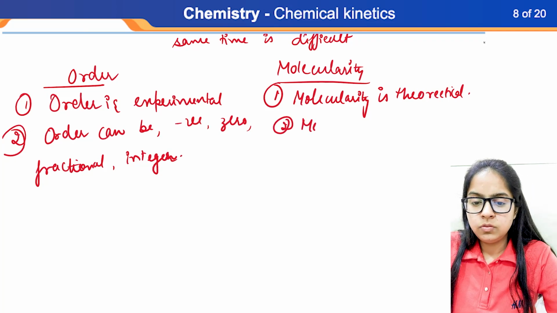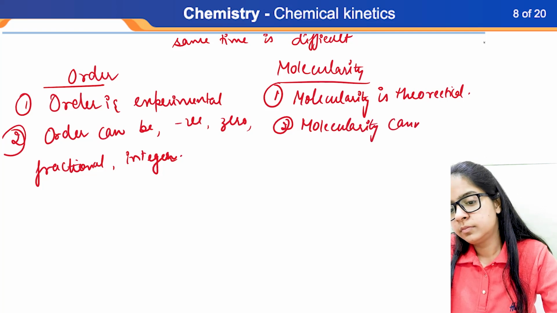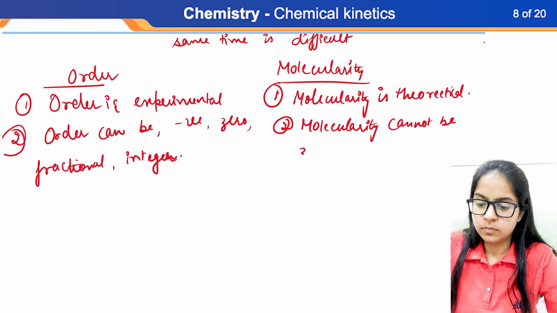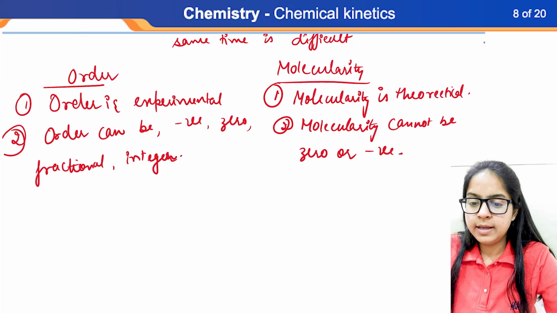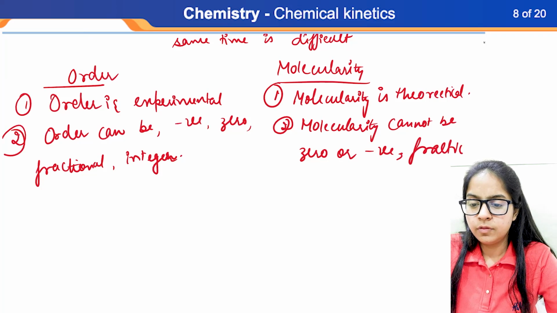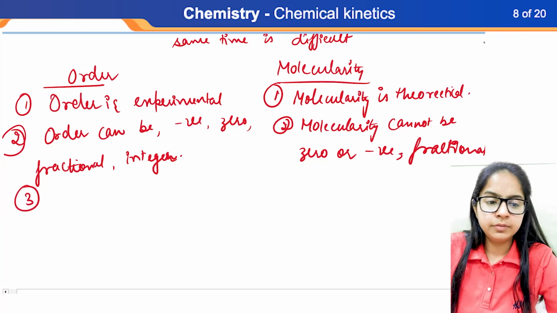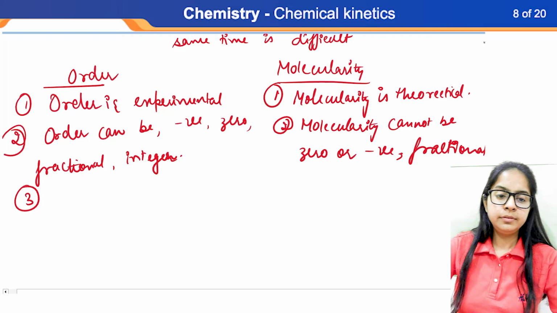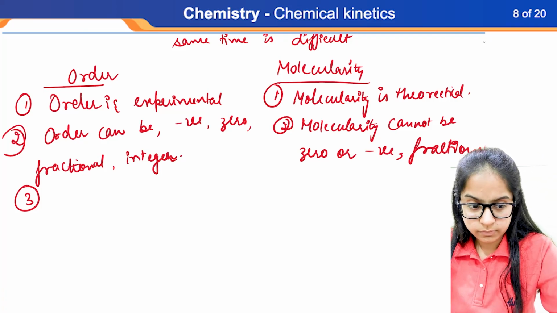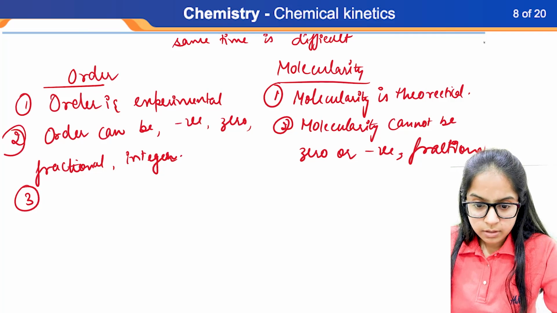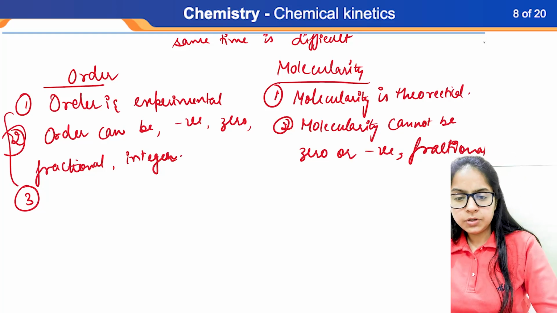Molecularity cannot be zero, negative, or fractional. It's always an integer value. Now these two points are more than enough for the difference between order and molecularity.